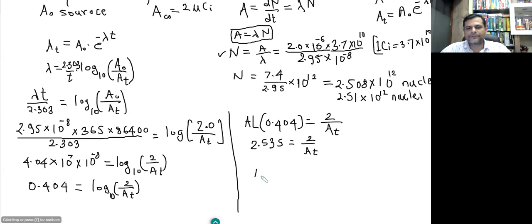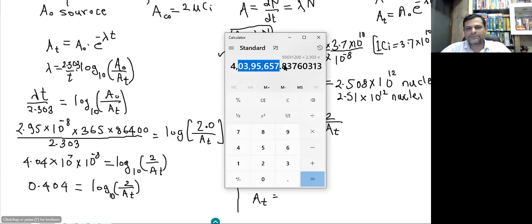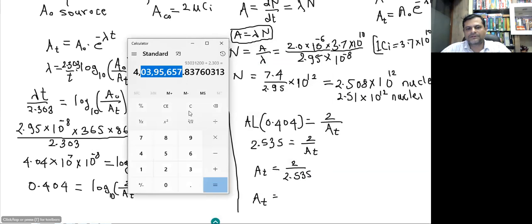But we want A ना, तो A निकालने के लिए फिर क्या करना है, इस 2.535 को नीचे डाल देना है, तो ये 2 upon 2.535 will actually be equal to the final answer, which is going to be the activity after 1 year. Okay, so it happens to be, अच्छा अभी 2 divided by 2.535 can be done by log table or calculator in our case.